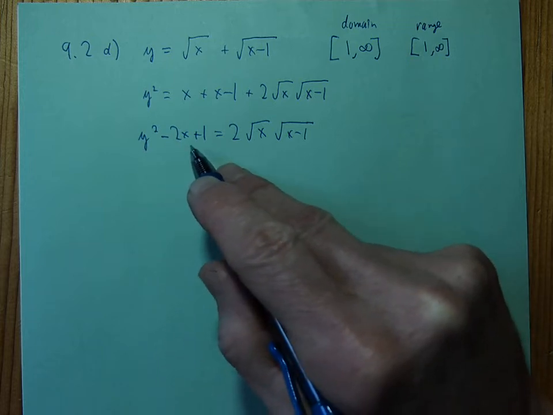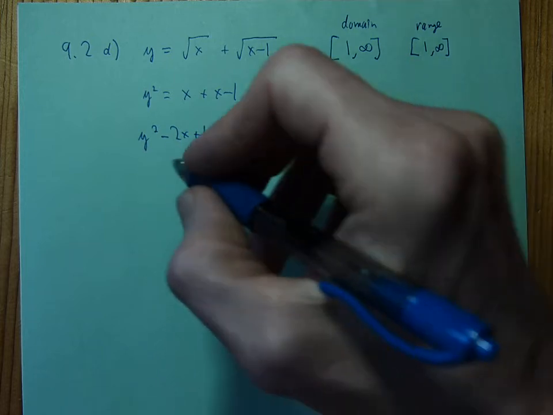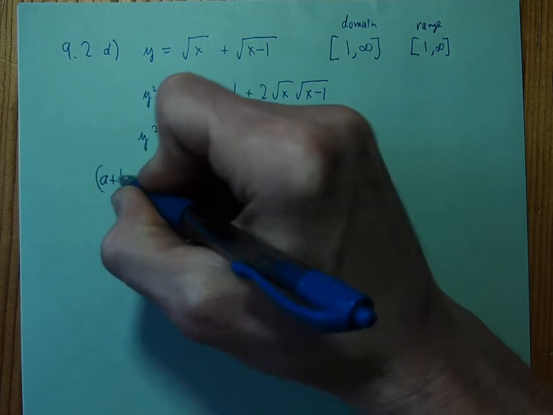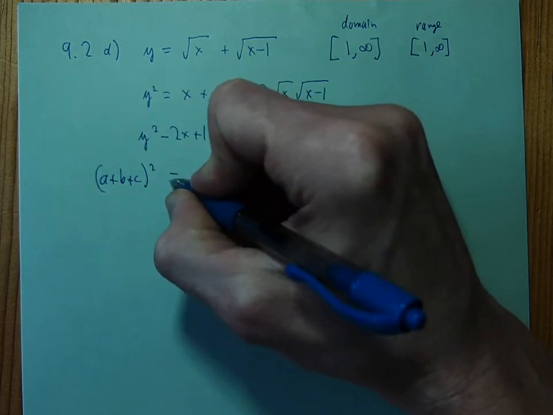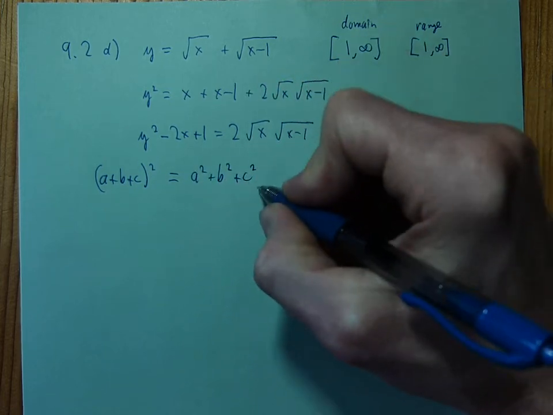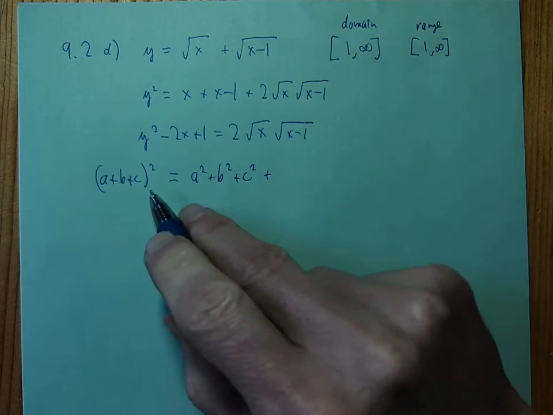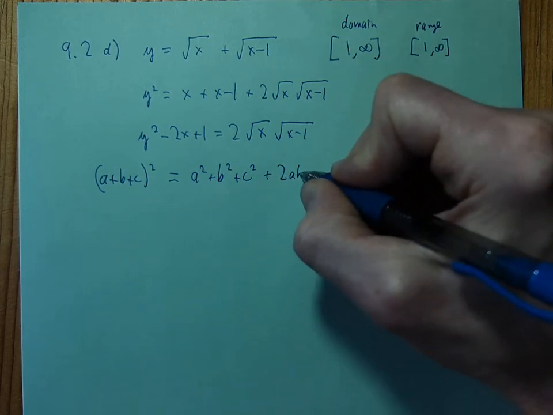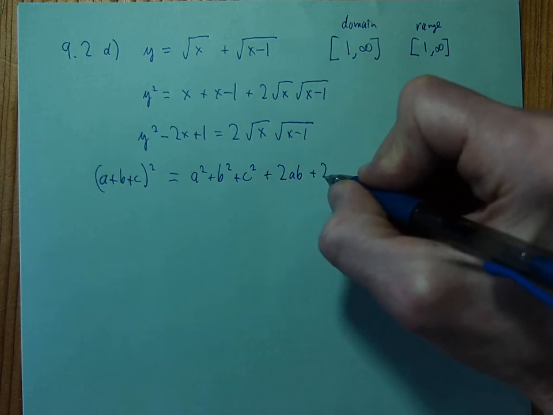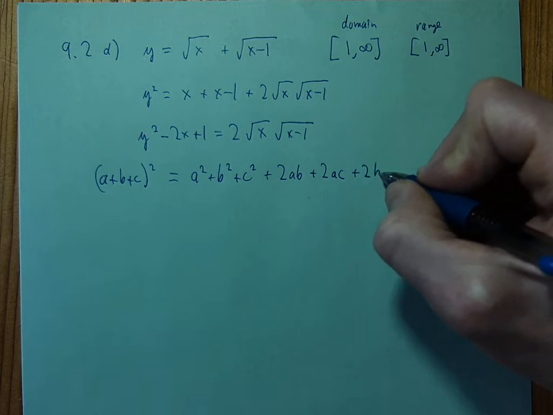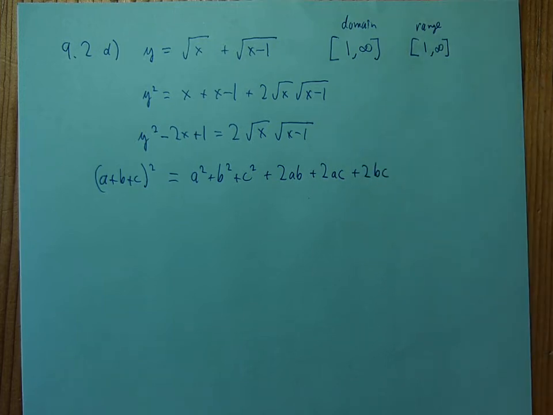So when we square something with 3 things, and I'm just going to write that down, it turns out it's always the squares of each one plus 2 times all of the different things multiplied together. So in other words, 2ab plus 2ac plus 2bc. So we get 6 different things. As I said, this is going to be a mess.